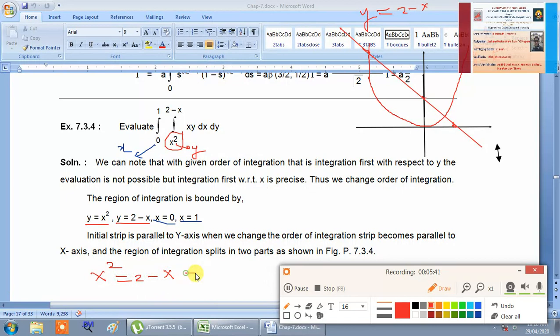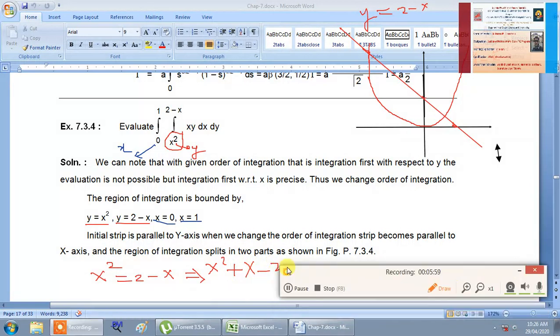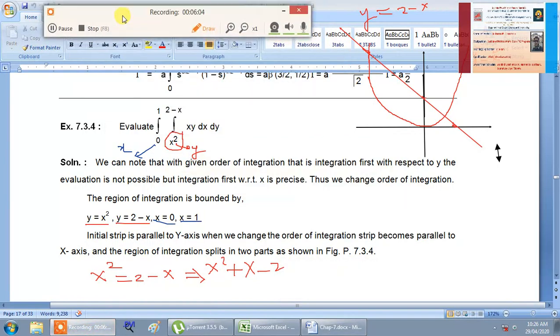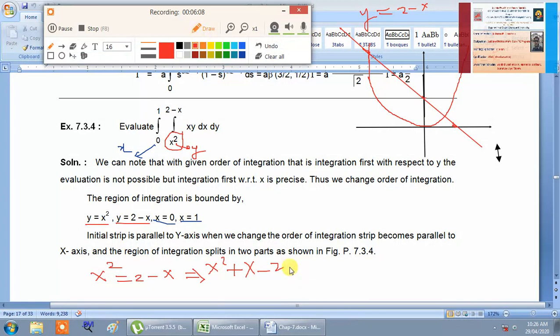Take all the terms on one side, that gives you x square plus x minus 2 is equal to 0. And you will observe that it is very easy to solve this equation.